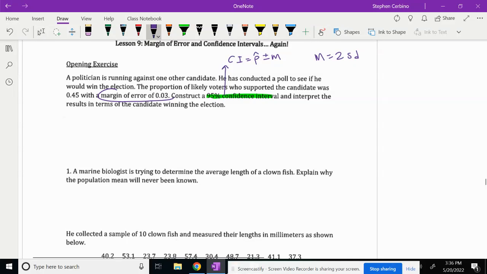Lucky for us, they told us the margin of error, so we didn't have to do that secondary step. So to find the confidence interval, we're going to say it is 0.45 plus or minus 0.03, meaning the confidence interval is going to be 0.42 to 0.48.